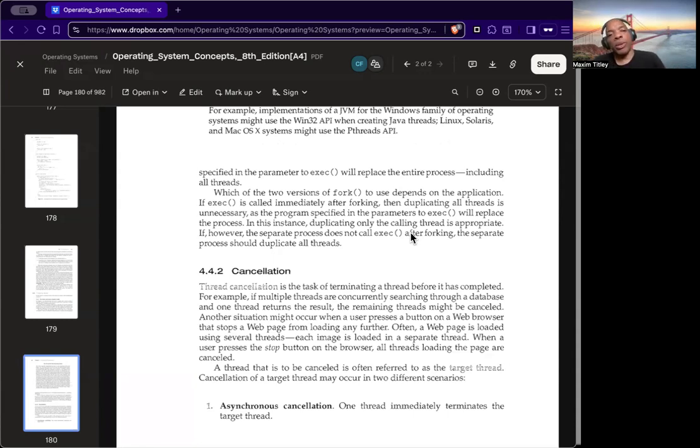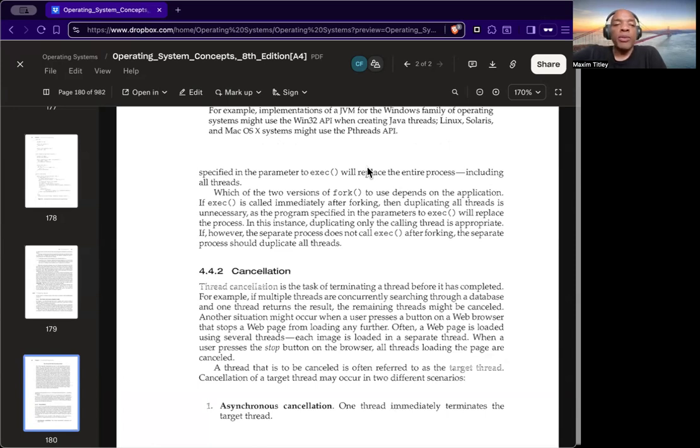All right, so here we're talking about what happens when we have a process. If it's just a child process of the previous process, then there's a duplication of the threads so that it's basically going to be similar to the parent process.